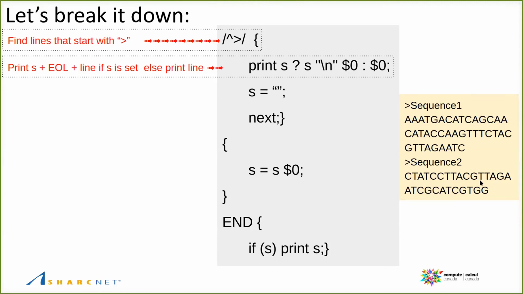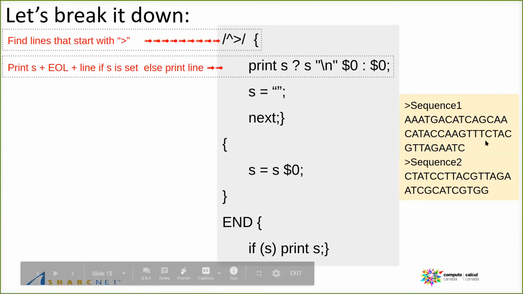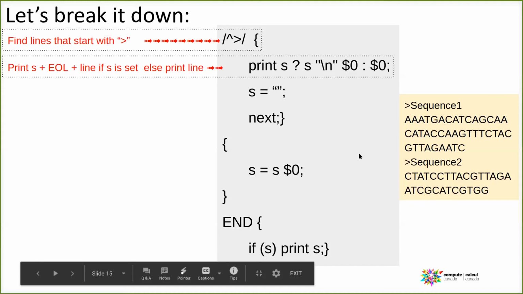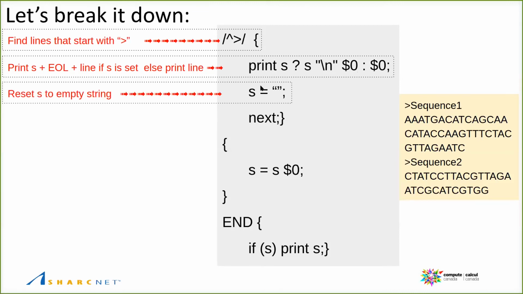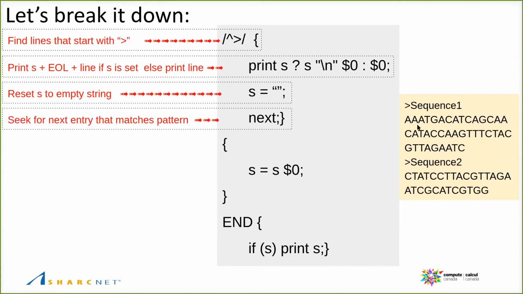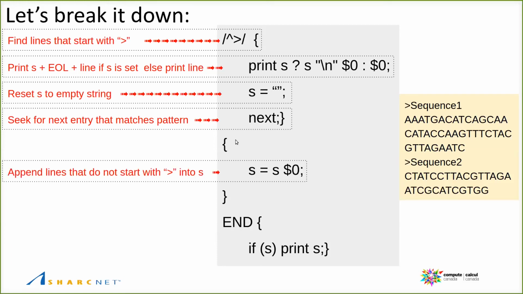We have set s before, but we haven't printed it yet. So before we print this line, we need to print s first and then this line. That's basically what this line is doing. Then I'm going to reset s to be an empty string, and then go to the next line.